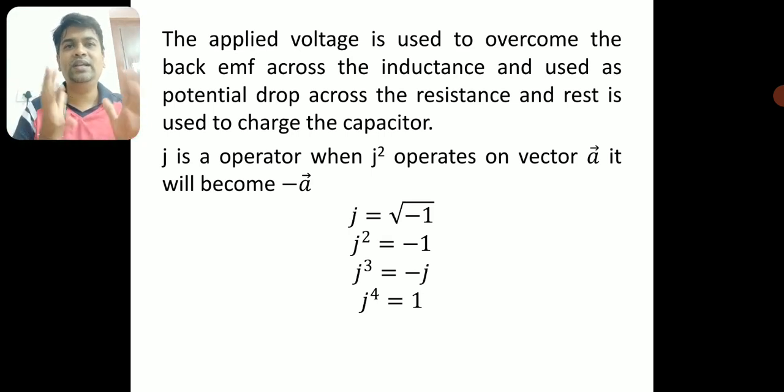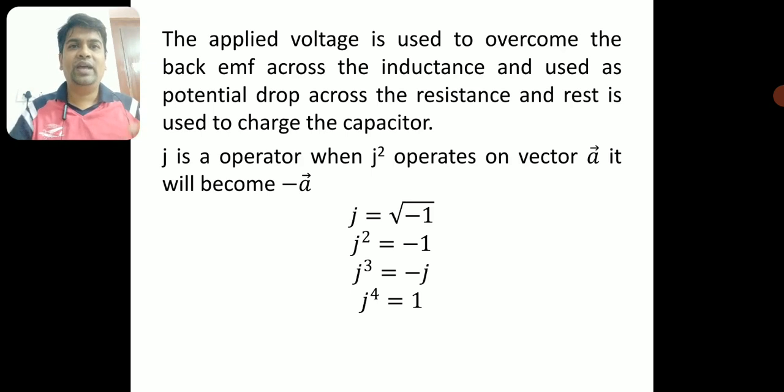It is clearly mentioned in your syllabus that you have to follow the J operator method to solve this LCR circuit AC. So you have to follow these steps only.